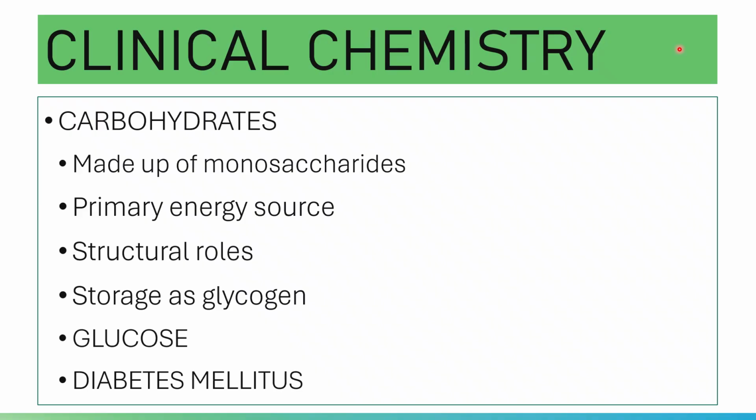Please note that your carbohydrates are made of monosaccharides. A good example of a monosaccharide is glucose. Aside from that, you have fructose. Your carbohydrates are your primary energy source. They can be converted into pyruvate, and the pyruvate will enter your Krebs cycle, and the products of the Krebs cycle will enter the electron transport chain, producing ATP.